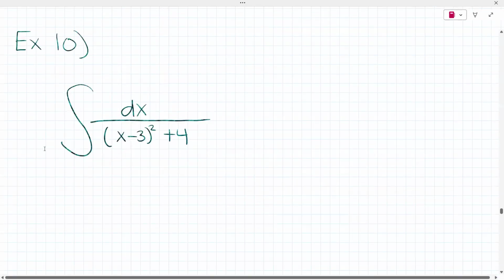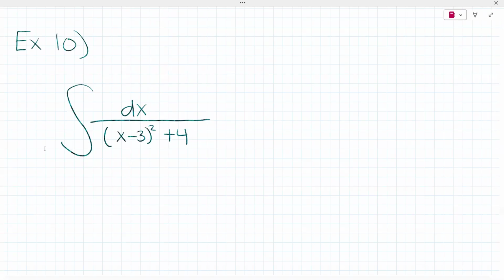Example 10, we have the integral of dx over parentheses x plus 3 squared plus 4. Let's see, there is no square root in the bottom. There's a 1 here. There's a plus in the middle. So I think we're going to use the tan inverse. So we're going to use 1 over ab, tan inverse of ax over b plus c.